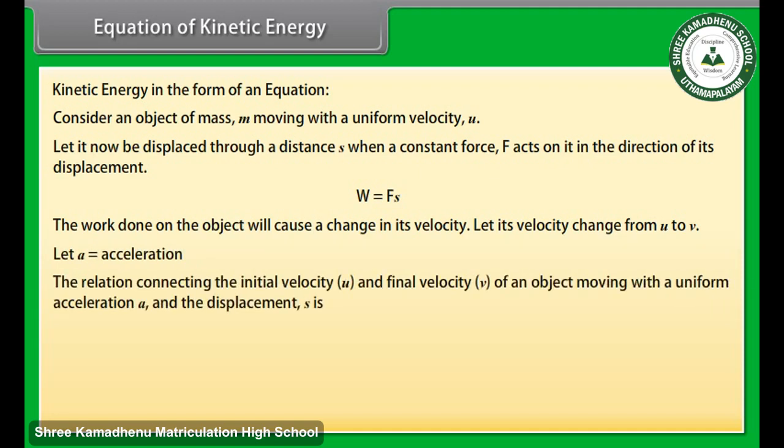The relation connecting the initial velocity u and final velocity v of an object moving with a uniform acceleration a and the displacement s is v squared minus u squared equals 2as. This gives s equals (v squared minus u squared) upon 2a.